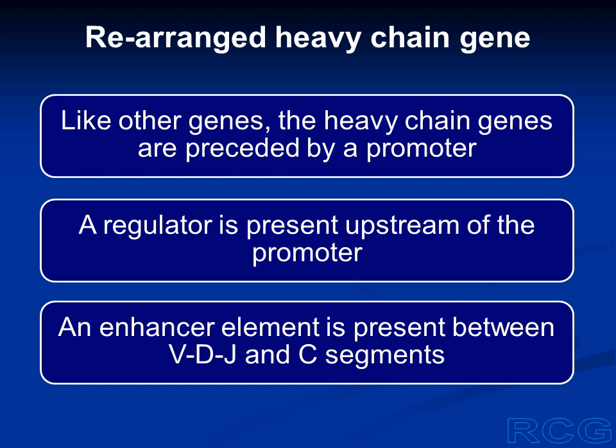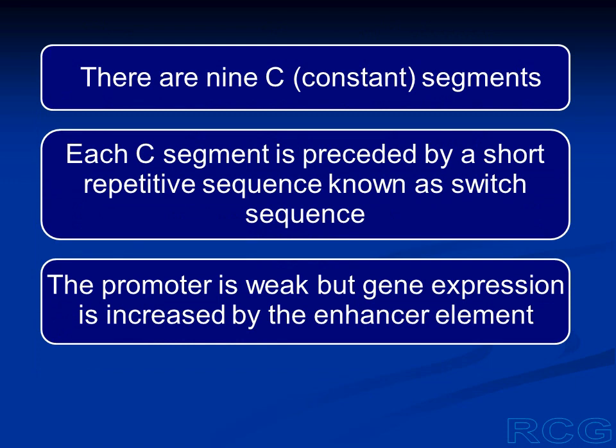In addition, an enhancer element is present within the gene. It is located between the VDJ combination and the C segments. There are 9 genes in the C cluster.